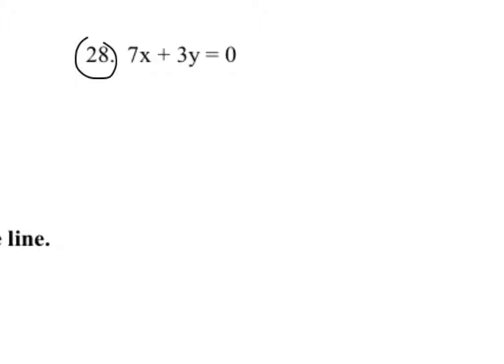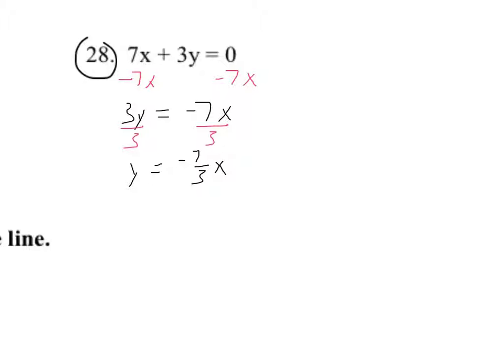On the second one, we'll solve for y again. So I'm going to subtract the x term from both sides, and we get 3y equals negative 7x. We divide both sides by 3 to get y alone, and we get y equals negative 7/3 x.